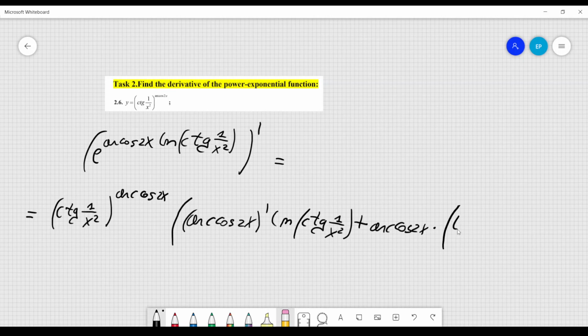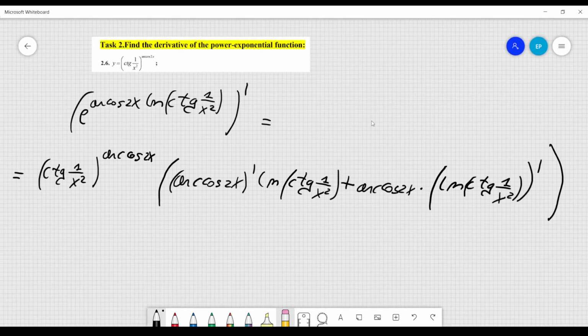So I have the logarithm of the cotangent of 1 over x squared, and I have to take the derivative of this. Okay, so in order to find the result, we have to carry out two calculations. This first one for A and the second one for, let's call it B.